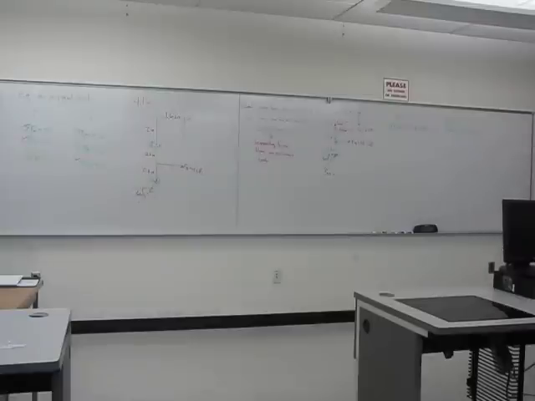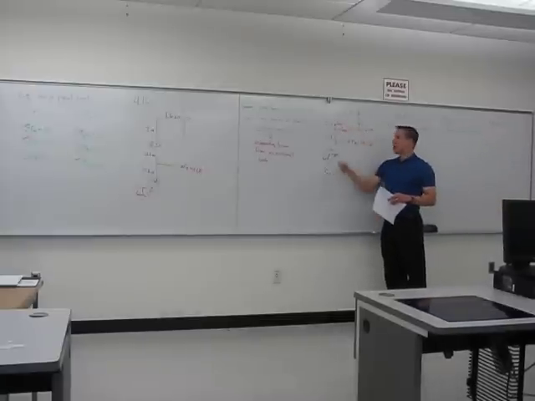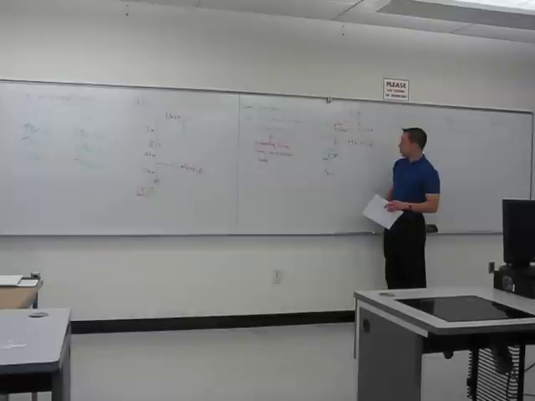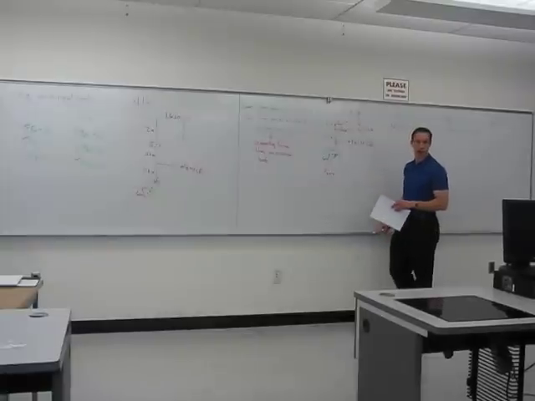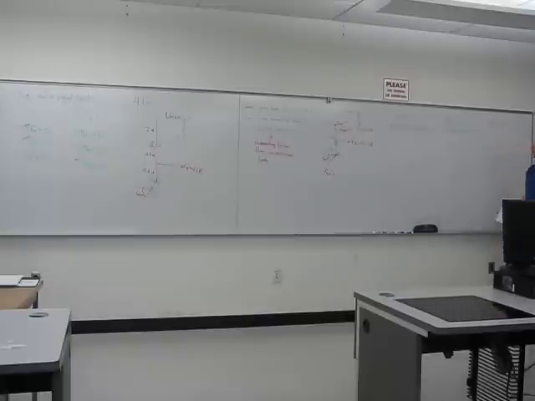I'm going to choose the point C. The reason is that 2 of my unknowns, Fcx and Fcy, have lines of action that go through the point C. So I know that these 2 unknowns are not going to show up in the equation. That means the only unknown that could possibly show up is Fa. So that should give me an equation that I can solve for Fa, which I can then plug back into the first 2 equations to solve for Fcx and Fcy.